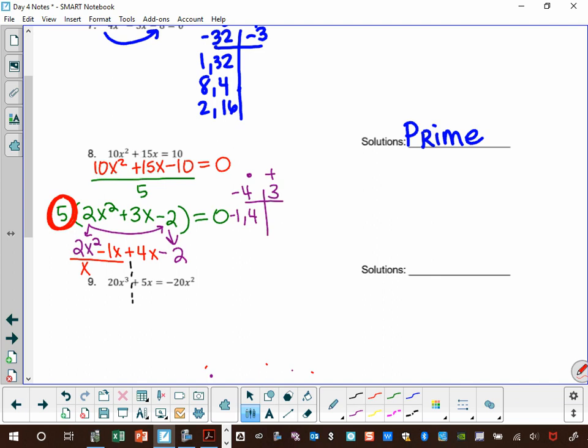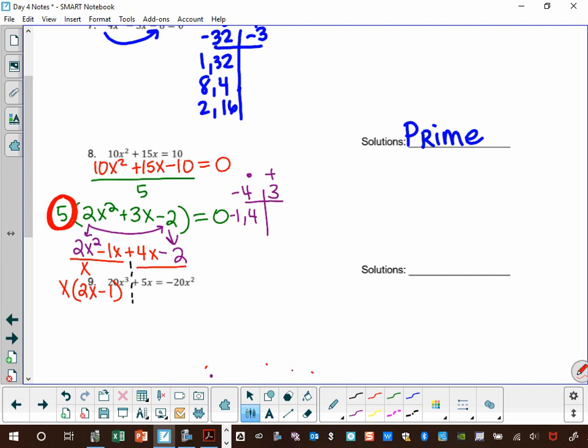You know how I was writing my GCF twice and then writing it a third time? Once you get the hang of it, you don't have to do it that much. We can just divide as long as you know what your GCF is. What's 2x squared divided by x? 2x. What about negative 1 divided by x? Negative 1, right? Just cancel out.